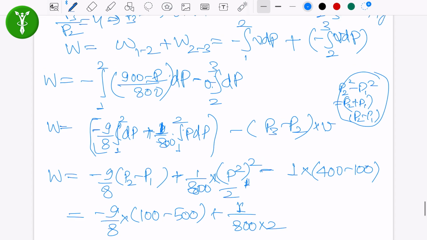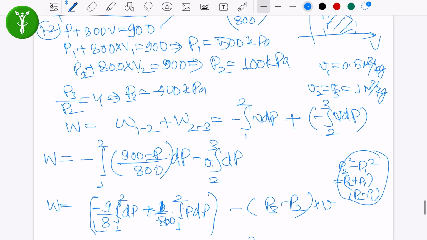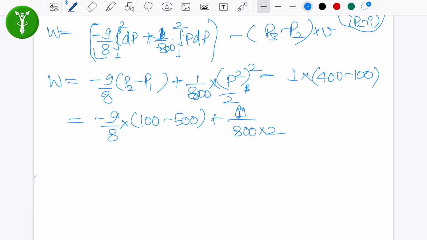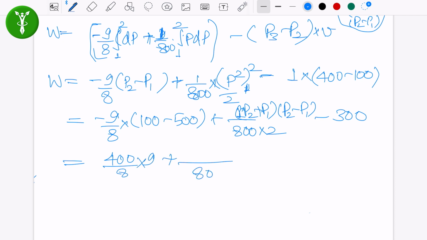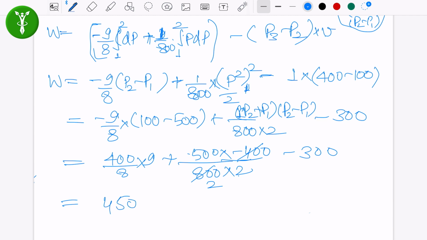So this will be equal to 400 by 8 into 9, plus 1 by 800 into 2, with P2 plus P1 and P2 minus P1 is minus 400, minus 300.